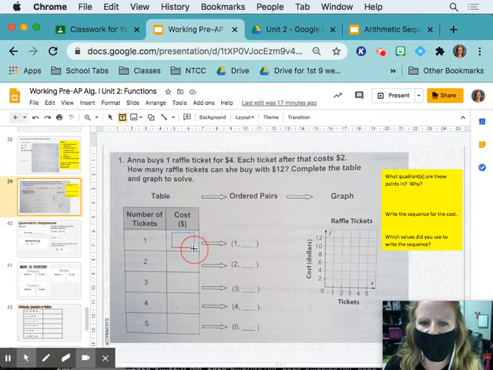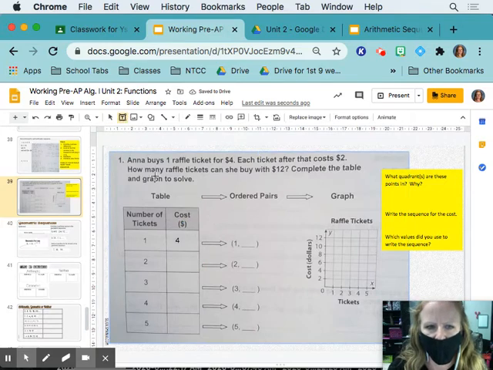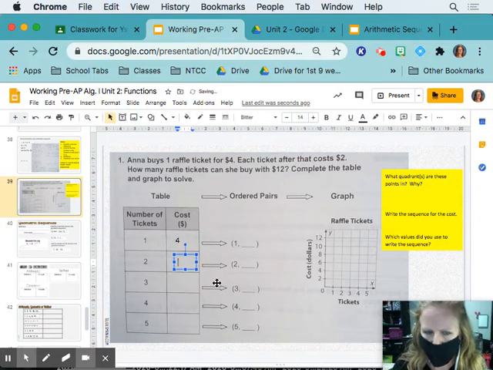For one ticket, how much does it cost? $4. Each ticket after that costs $2. Okay, so then what would this be?